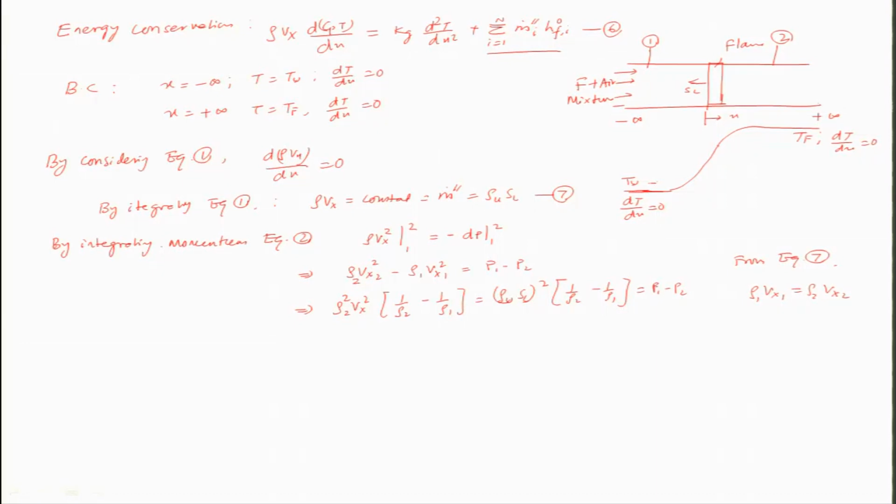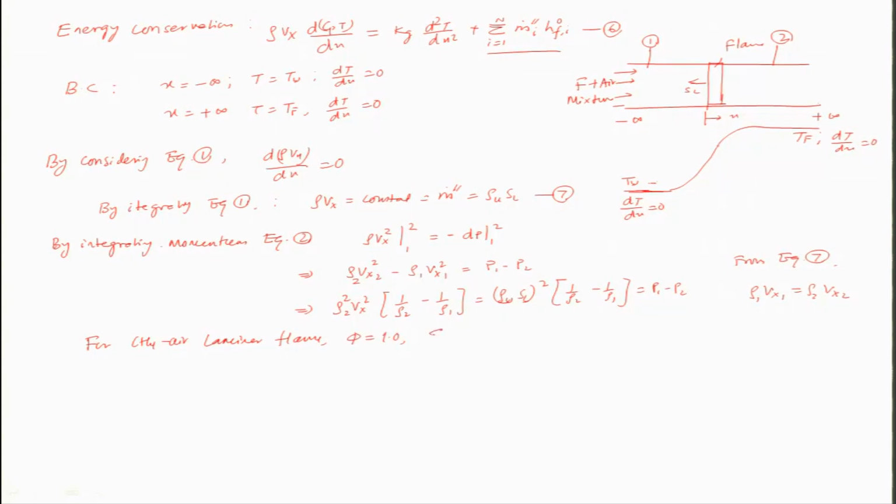What will be the difference between the pressure at station 1 and station 2? Is it a very big quantity or a small quantity? Let us consider a methane air laminar flame with phi equal to 1.